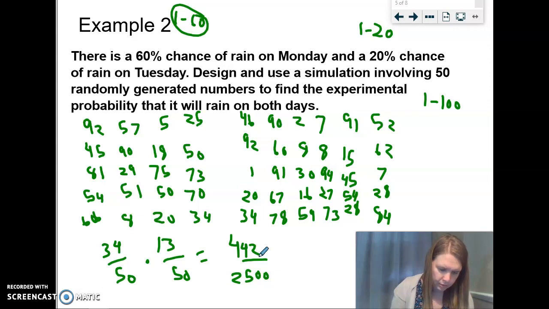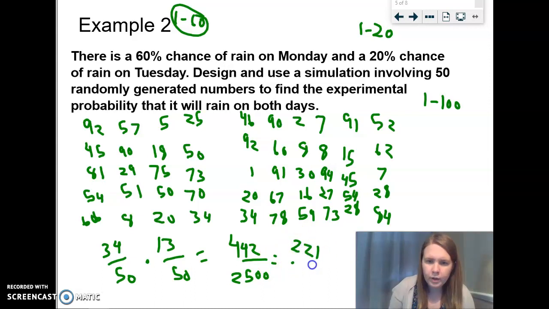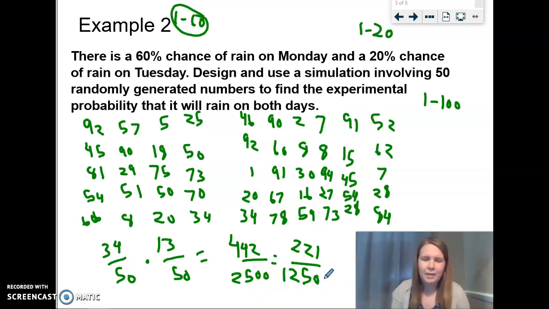Let's do 2. So that would be 221 out of 1,250. We might be able to simplify that further, but that's your experimental probability that it's going to rain on Monday and Tuesday.